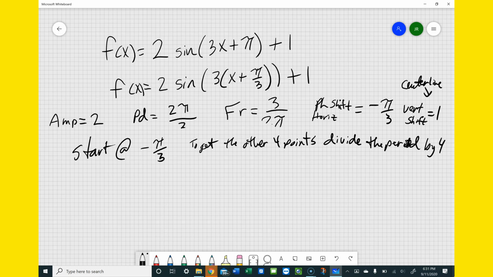So whatever the period is, divide that by 4, and that will get you the steps that need to be taken to get the other 4 points in the cycle.